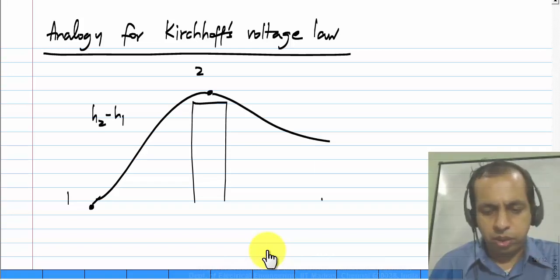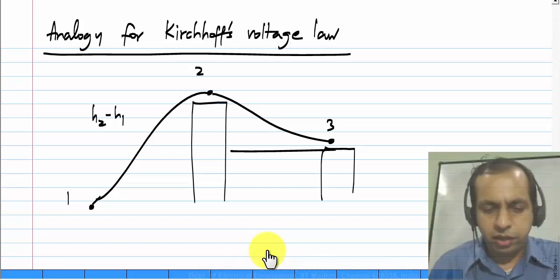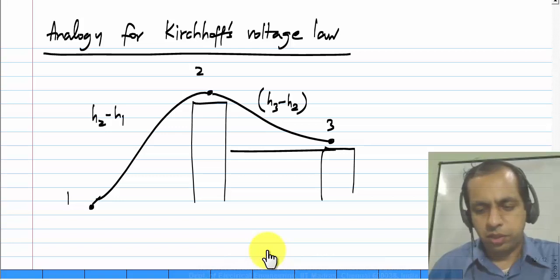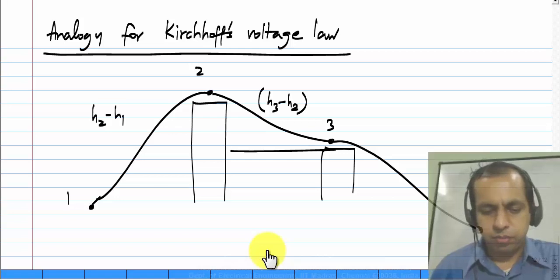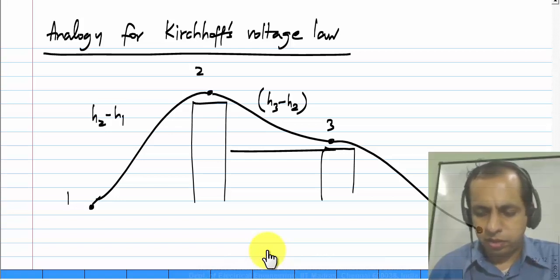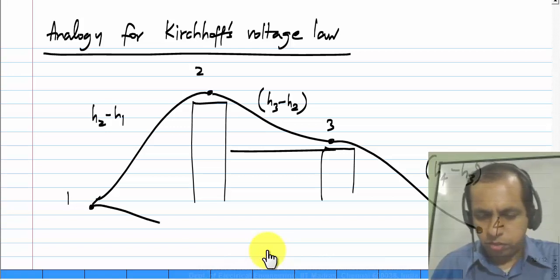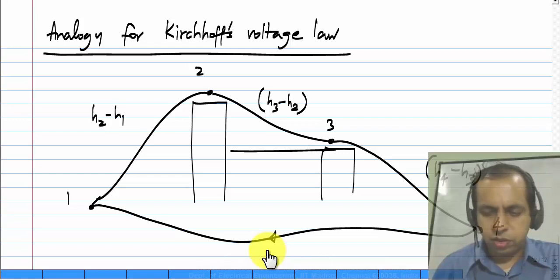Maybe you will come down to a shorter building and you will gain a height of h3 minus h2. h3 minus h2 is actually negative, and then maybe you will walk down to some underground place. So I will have h4 minus h3, and finally you come back to where you started off with. You will gain a height of h1 minus h4.